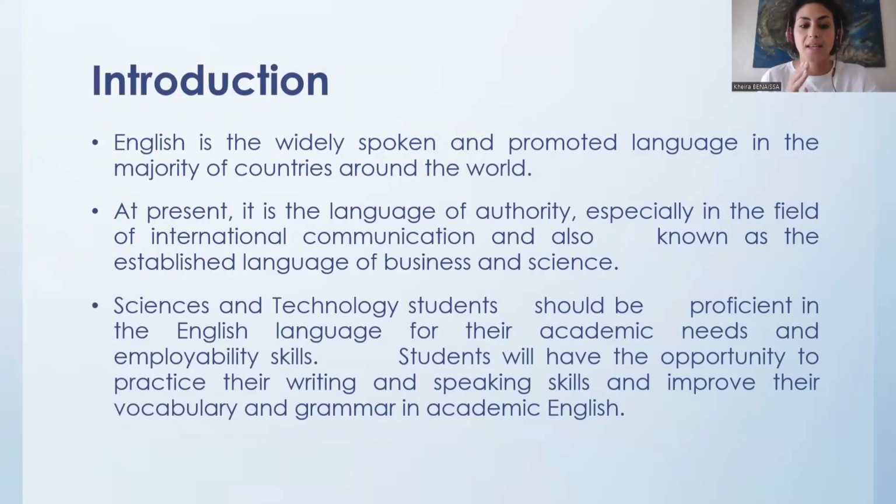So science and technology students, chemistry and physics, should be proficient in the English language for their academic needs and employability skills to find a job. Students will have the opportunity to practice their writing and speaking skills and to improve their vocabulary and grammar in academic English.